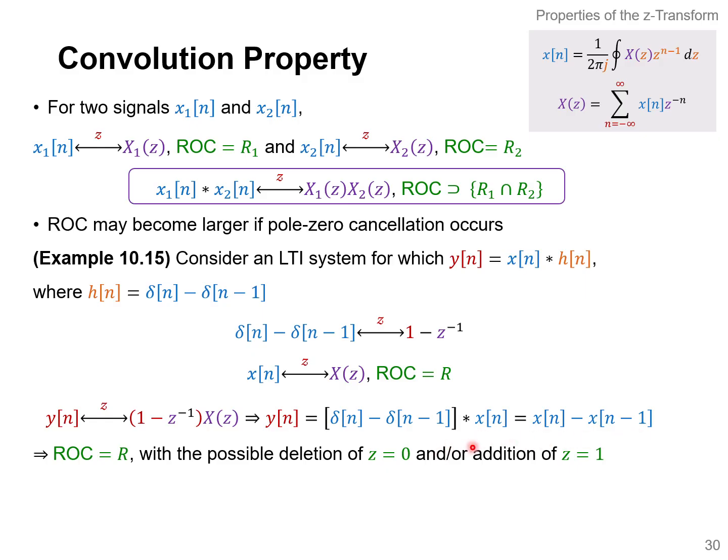The output equals the current input minus the previous input. So the output z-transform is the system function 1 minus z to the minus 1 times the input z-transform.